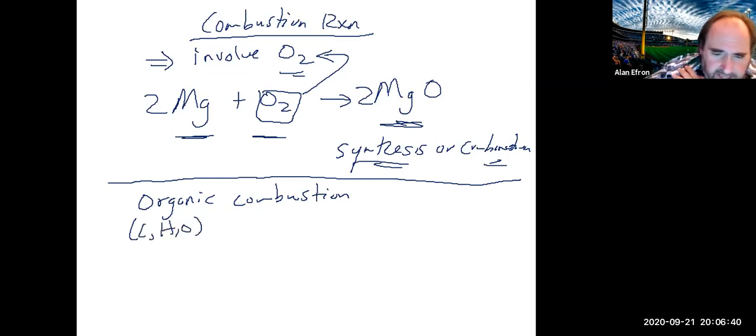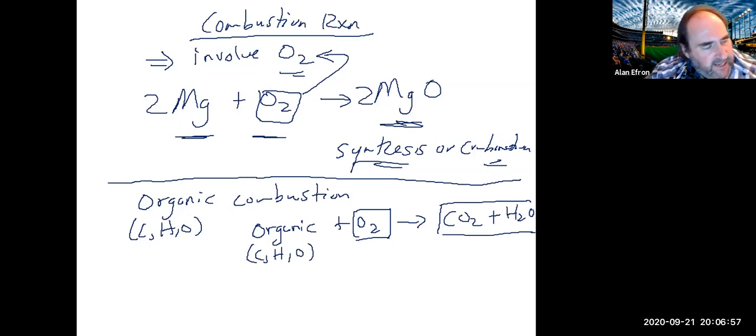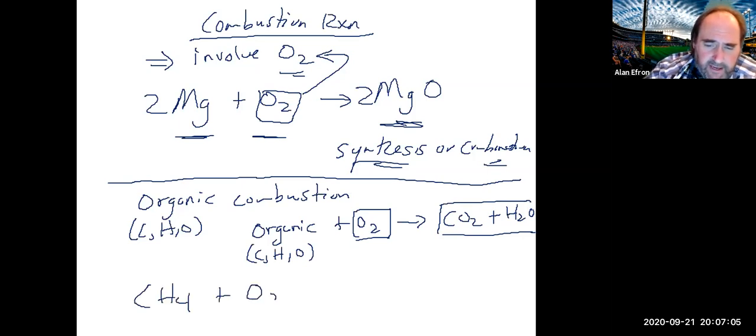So usually in an organic one, there's an organic compound plus O2 goes to CO2 plus water. That's your classic O2, always making CO2 and water on the product side when you're starting with something like carbon, hydrogen, and oxygen. So an example, like when you light a Bunsen burner, that is CH4 that comes out, plus some O2, always going to make CO2 plus water.